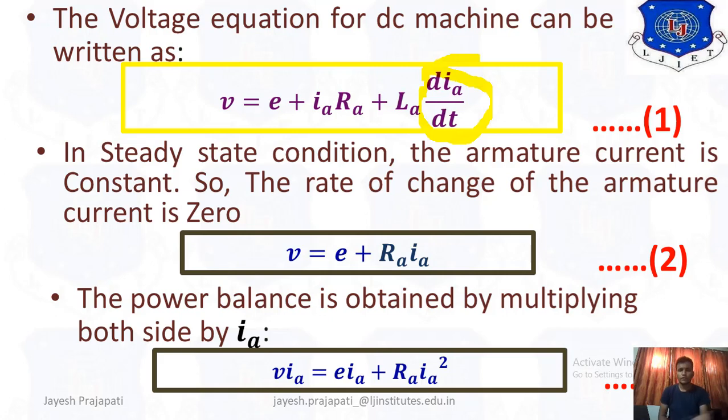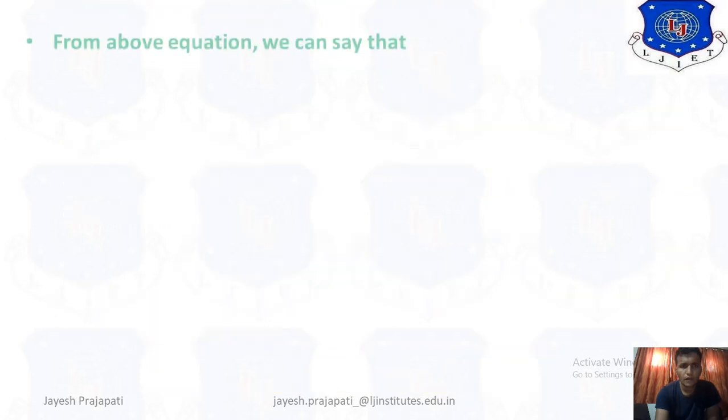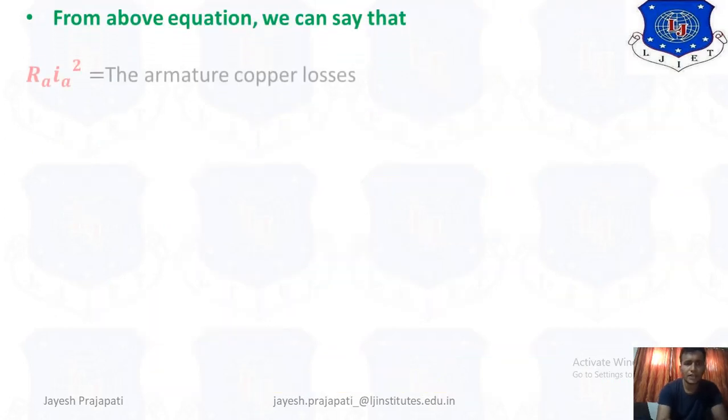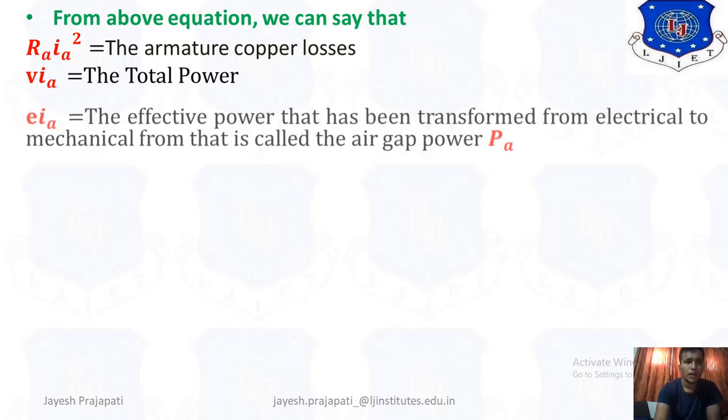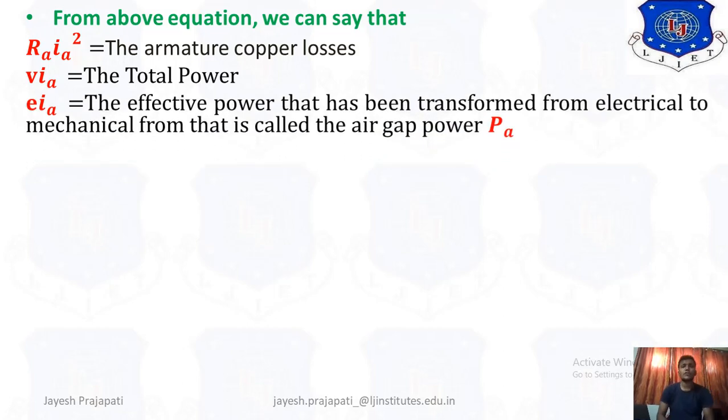Now we have derived the equation for electromagnetic torque, so we can use these equations. From the above equation, Ra into Ia square is the armature copper losses, V into Ia is the total power, and E into Ia is the effective power transformed from electrical to mechanical, called the air gap power, Pa.